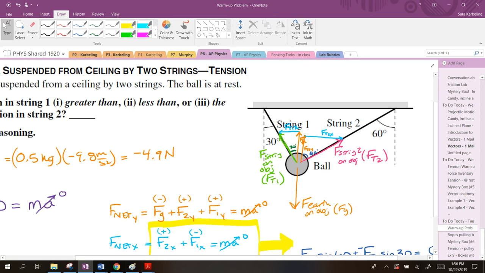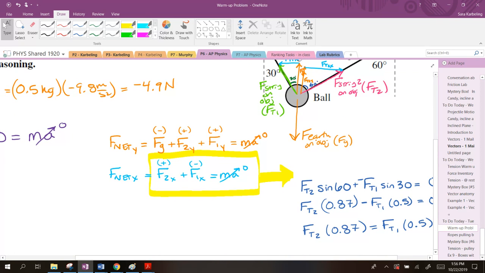If you have forces that are going in funny angles, break them up so that everything's perpendicular to one another, and then write down your F net equations. Then in general, look for the thing that's simplest to deal with and see if you can jump that way. Sometimes you can't, but once you've got the free body diagram and your F net equations, then you can just kind of run and go. Does that make sense?